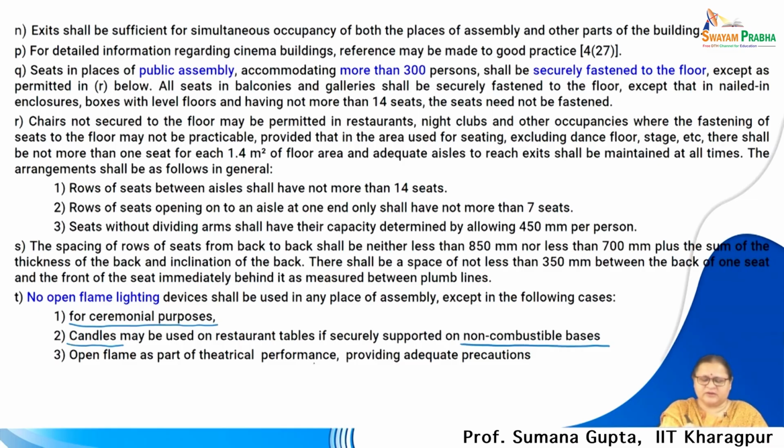Open flame as part of theatrical performances, providing adequate precaution, also needs permission, because the people trained in firefighting or the building administration remain aware of the fact that there can be a case of fire.